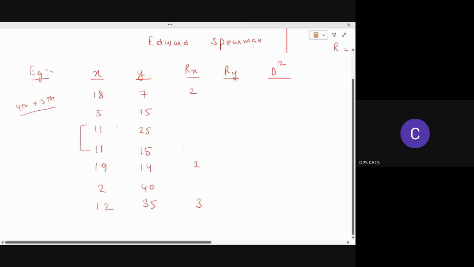Fourth plus fifth, I'll add them and divide by 2. Means averaging. So what is the average of the coming two ranks? Sir, 4.5. And you will allot the average of the two ranks to them. This is not a rank. This is the average of two ranks, the coming two ranks. It is just like you are fighting for a dish at home and mom is saying divide by 2.